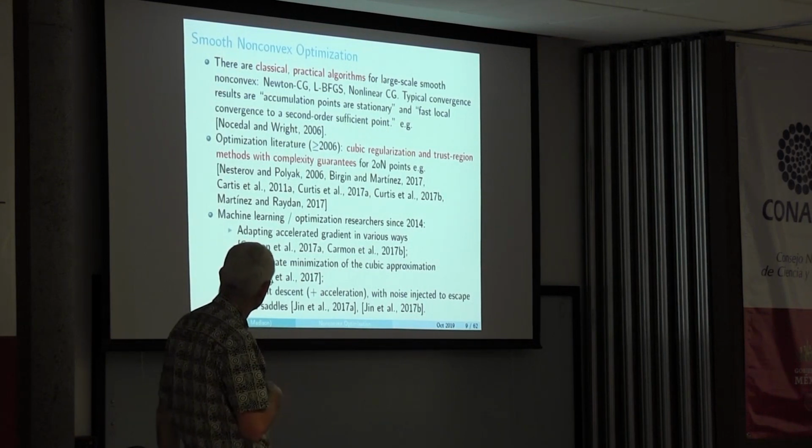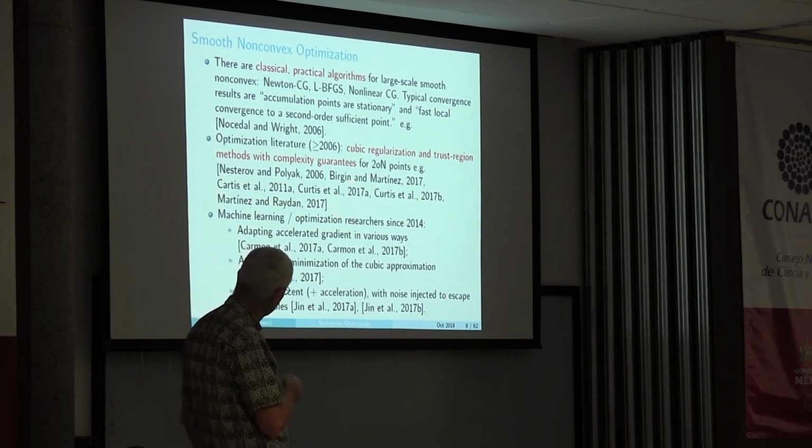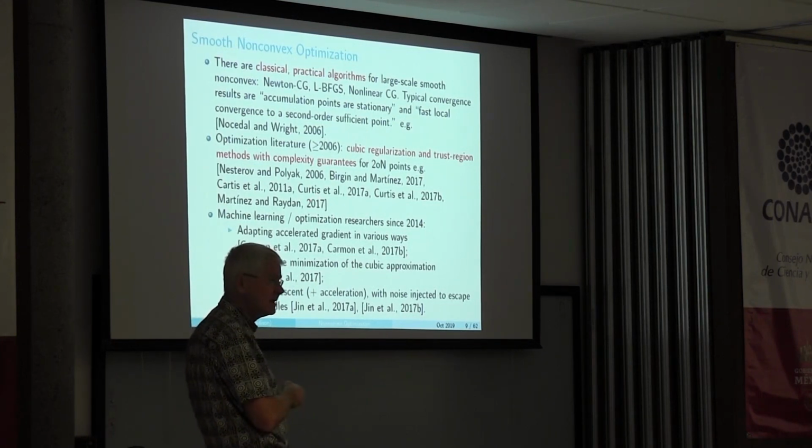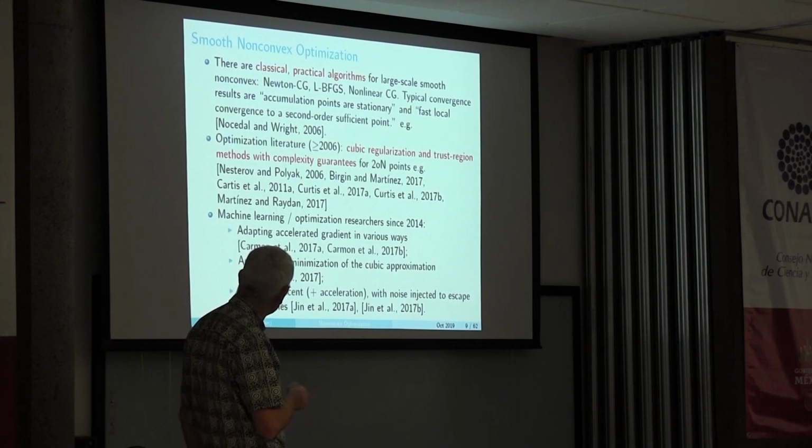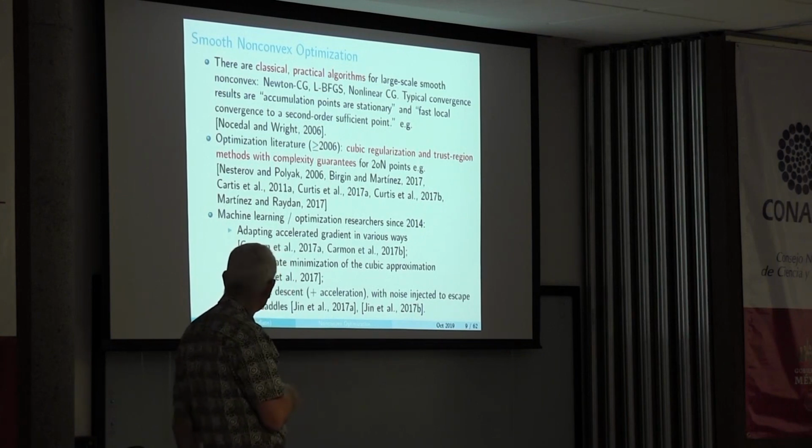And then after 2006 in the optimization literature, people looked at cubic regularization and trust region methods and started to prove these global convergence guarantees, and here are some papers that do that. I'll say a little bit more about those later. The Nesterov-Polyak paper was a very important paper in starting off that line of research. But as I said, it goes back to a very old paper of Griewank.